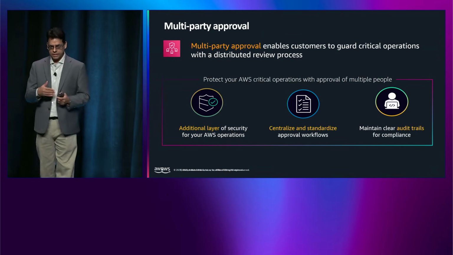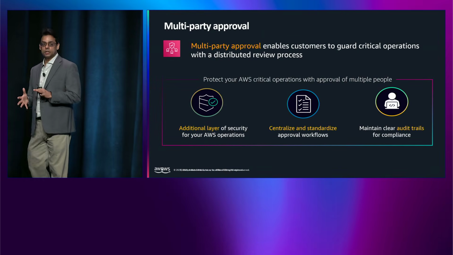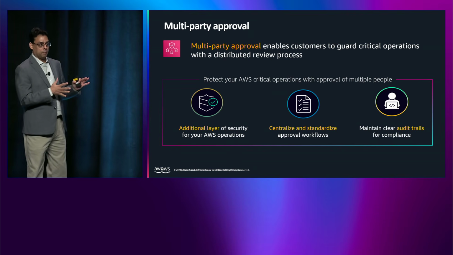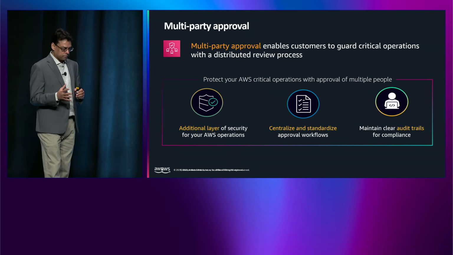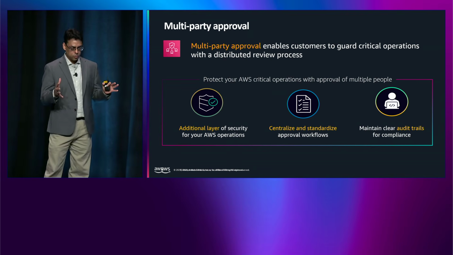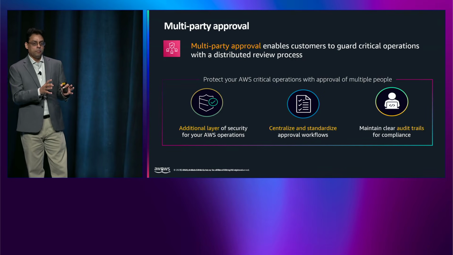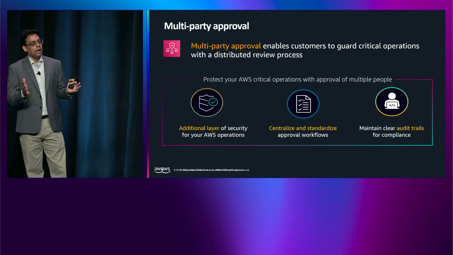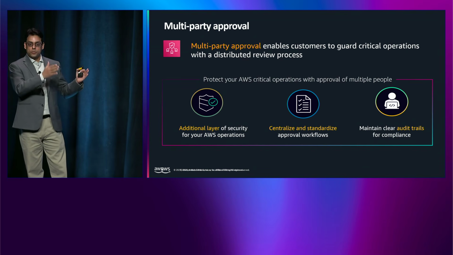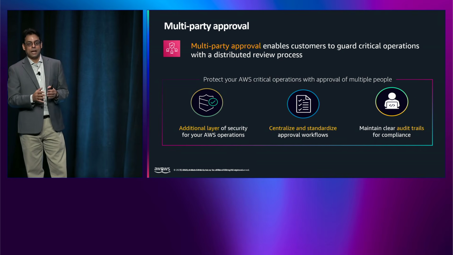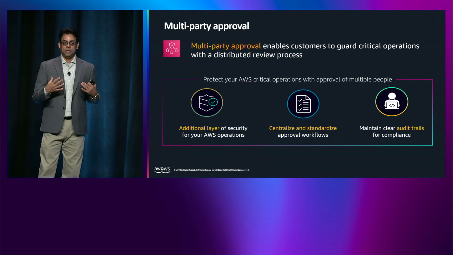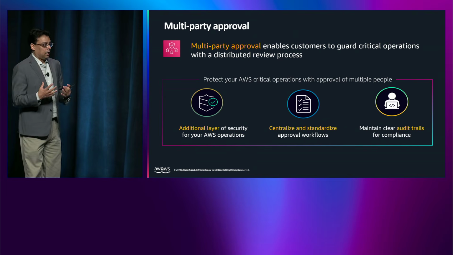So earlier this year, we launched support for multi-party approval. Multi-party approval is about teams that you can form in your organization, which are highly trusted individuals who come together to form quorums. What these quorums or multi-party approval teams do is that at the time of an incident, they approve critical actions.